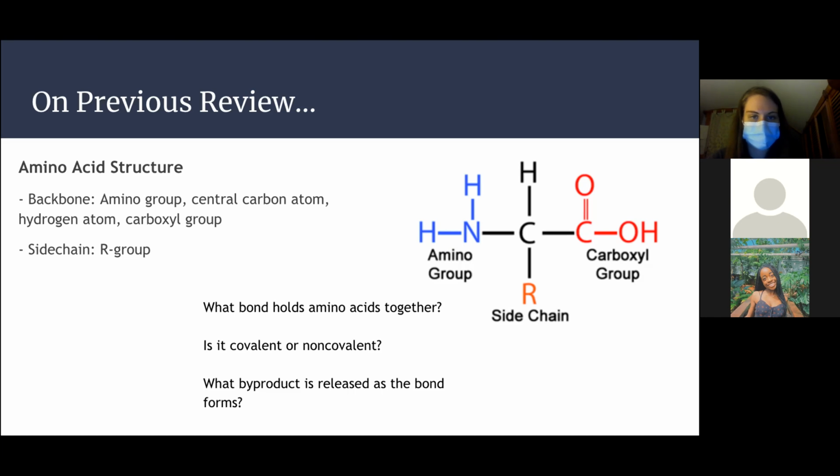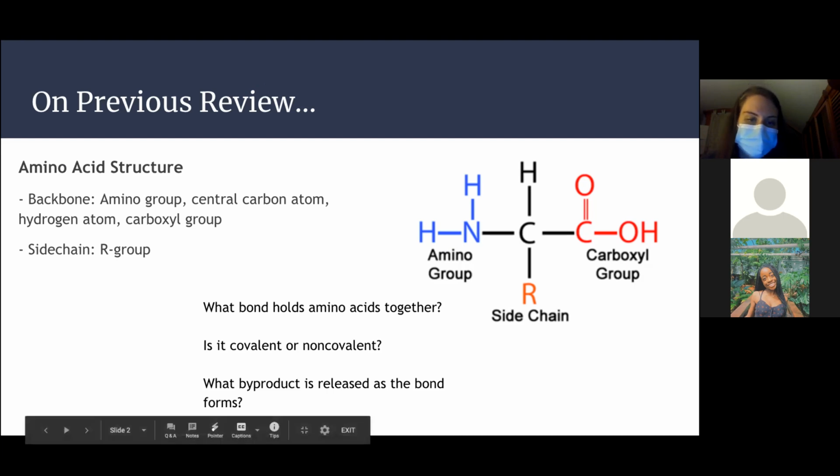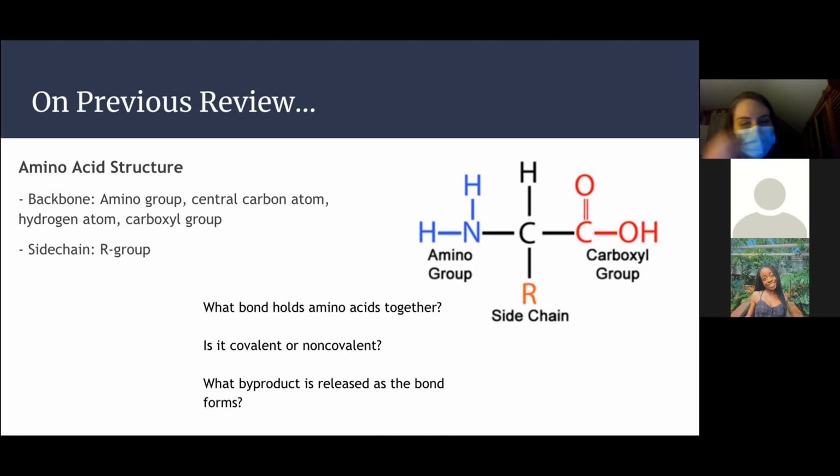There we go. We got one person saying, I don't know how to pronounce it, Shaida? She says peptide bonds. Perfect. That's the correct answer. So peptide bonds are what hold amino acids together, like each individual amino acid is connected to each other through those bonds. Now, do you remember whether those are covalent or non-covalent bonds?